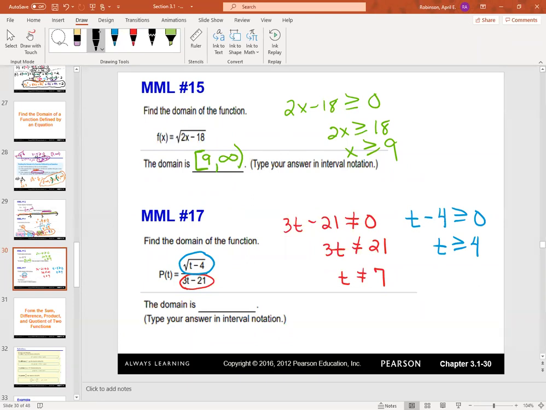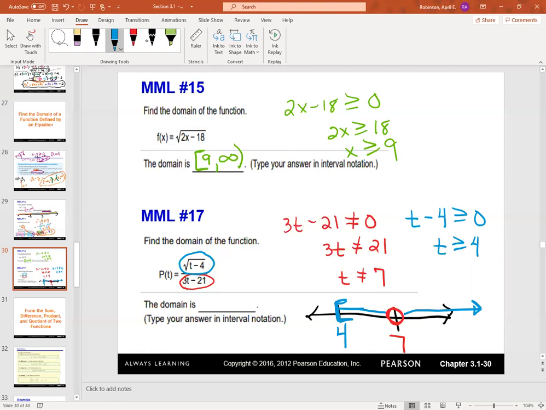I'm a visual learner. Here is the 4. And here is the 7. And they're saying that it can be greater than or equal to 4, going this way, but it's not allowed to be 7. So that's what I'm looking at.